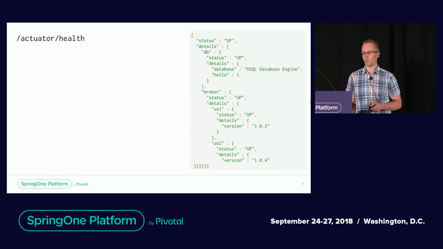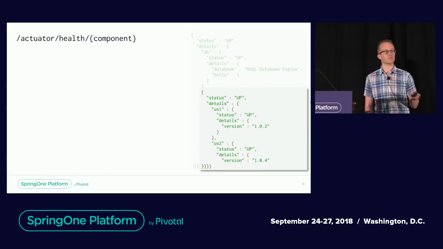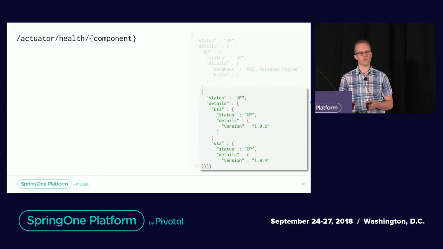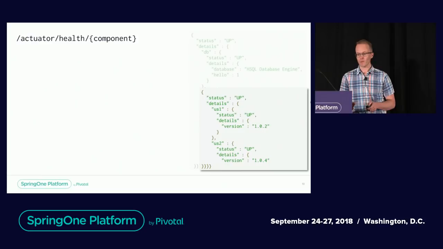In Spring Boot 2.1, we allow you to drill down into the health. So rather than just querying /actuator/health, you can query /actuator/health/component, and you'll get a more focused view on a particular part of your application's health. Here, we've just focused on the broker piece of the health response.